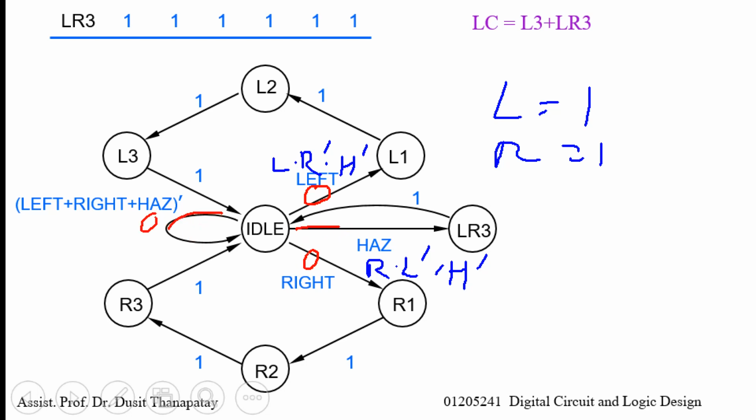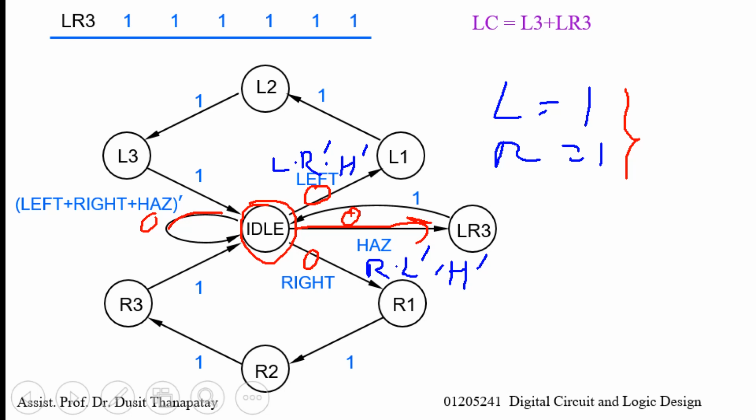Okay, you must check all arcs leaving from the idle state. Is there any condition that comes true or not? When LR active, input left and right active at the same time, in this case, no transition expression is active.